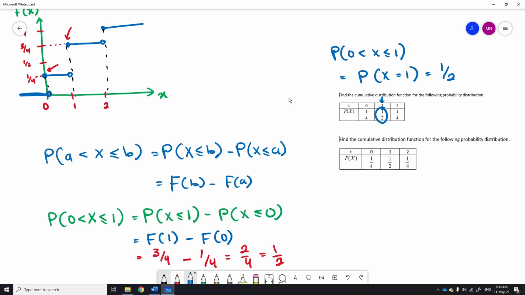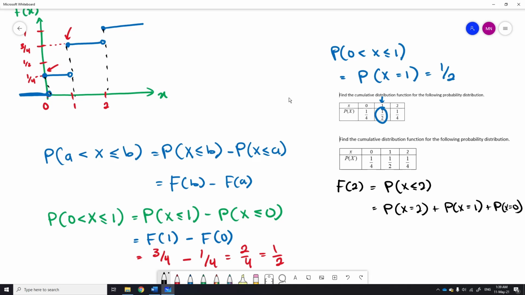What I want to summarize from here is that when the question is written as F(2), this actually means the probability of x less than or equal to 2. So it also means the probability of x equal to 2 plus the probability of x equal to 1 plus the probability of x equal to 0.